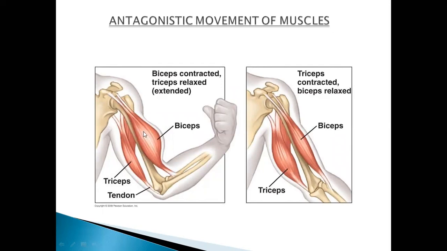The muscles which show contraction are called flexor muscles, and those which are relaxed are called extensor muscles. The movement of the flexor muscle is called flexion, and the movement of the extensor muscle is called extension. So antagonism, flexor, extensor, flexion, and extension, all these terms are clear to you. Am I right?